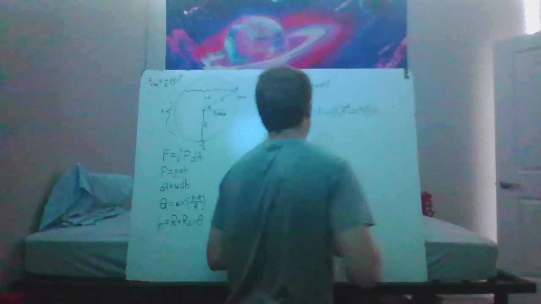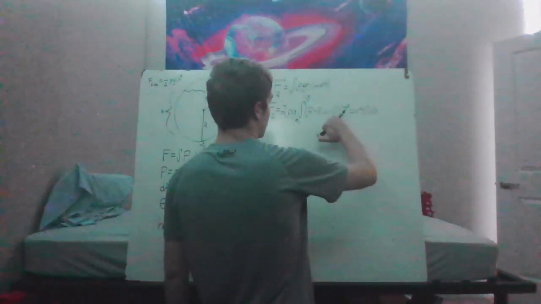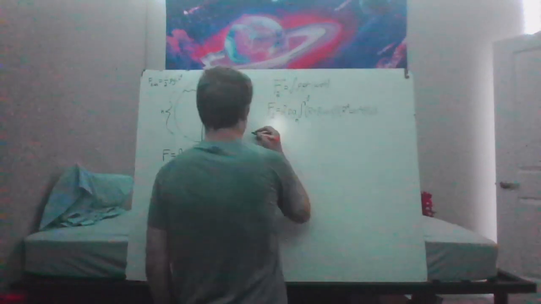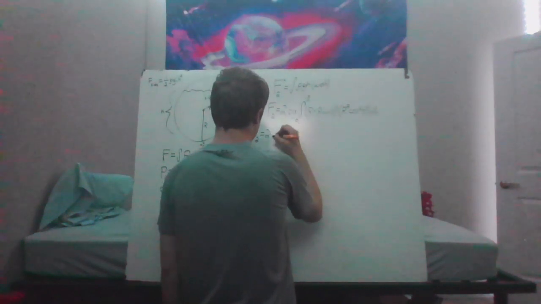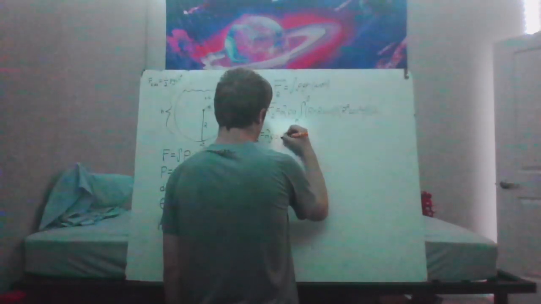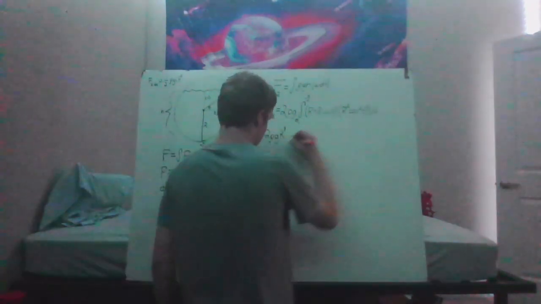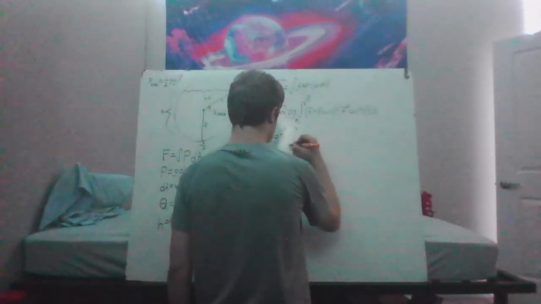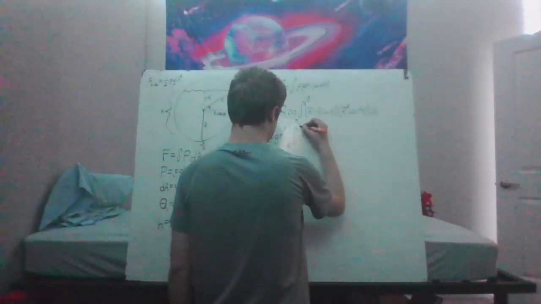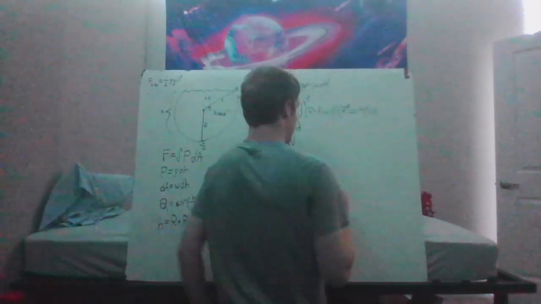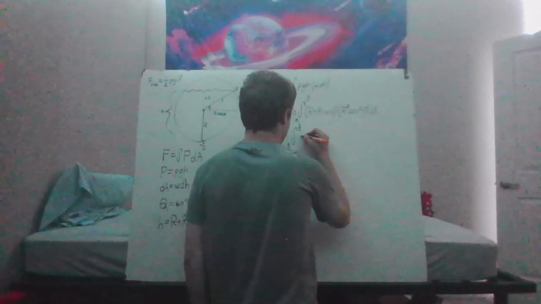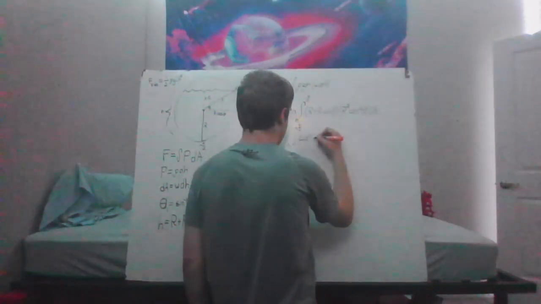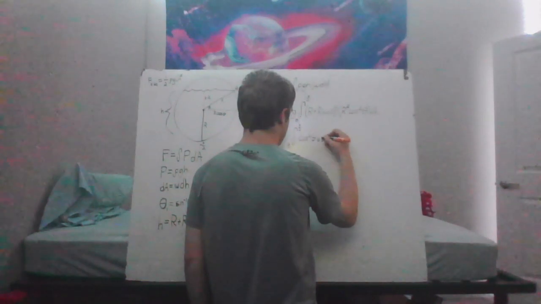So now what we will do is multiply this out and factor out our r to the third. So it'll end up being 2 rho g r to the third integral from theta 1 to pi over 2. I'm actually going to end up splitting these up. So our first one will just be cosine squared theta d theta.